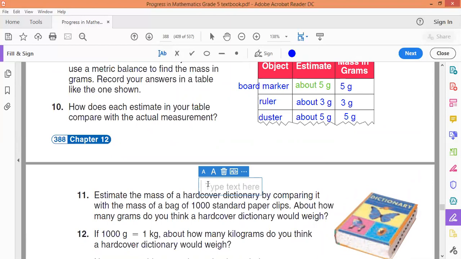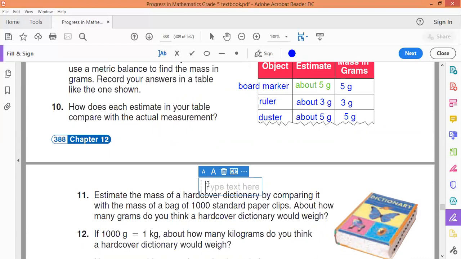Now read this one. Question number 11. Omar, you read it. Estimate the mass of the hardcover dictionary by comparing it with the mass of a bag of 1,000 standard paper clips.